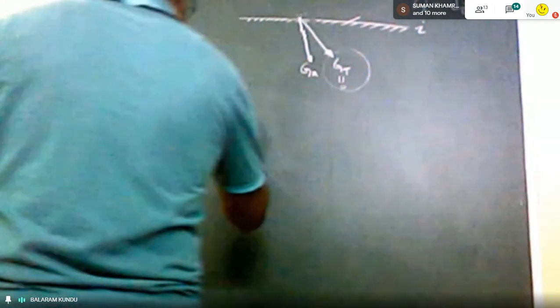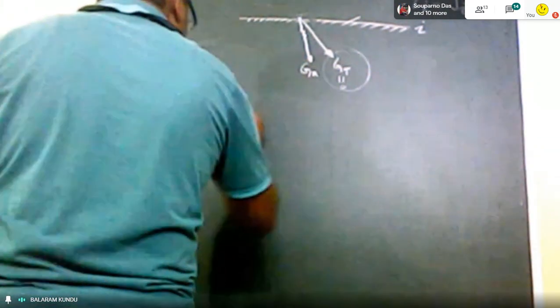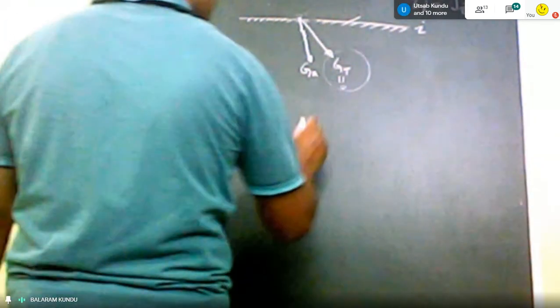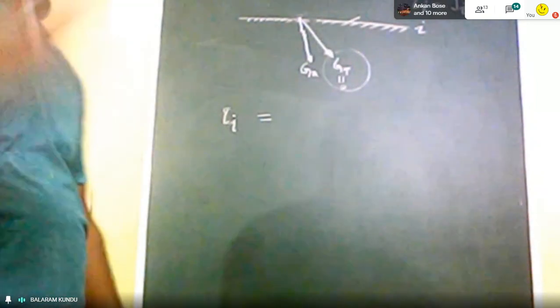So we just want to simplify the net radiation flux leaving the surface I, denoted by qi, that is equal to Ji minus Gi. It has two components already.